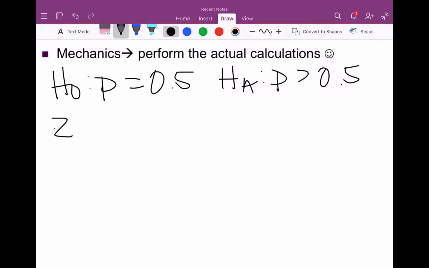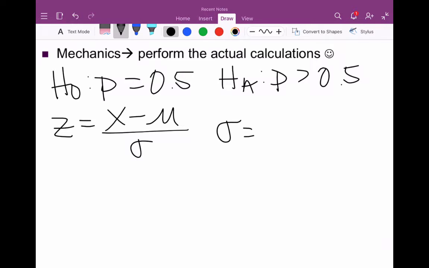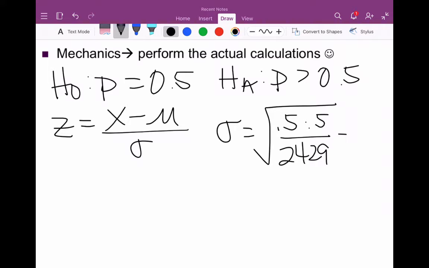So remember that the equation for a z-score is x minus the mean, and in this case our mean is p, divided by our standard deviation. So I need to calculate my standard deviation. So standard deviation is going to be the square root of p times q all over n, and there were 2,429 games. So this gives us a standard deviation of 0.0101.